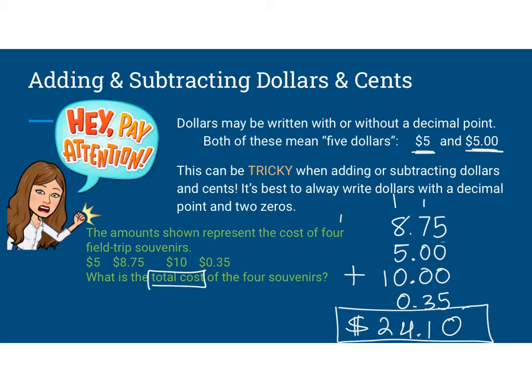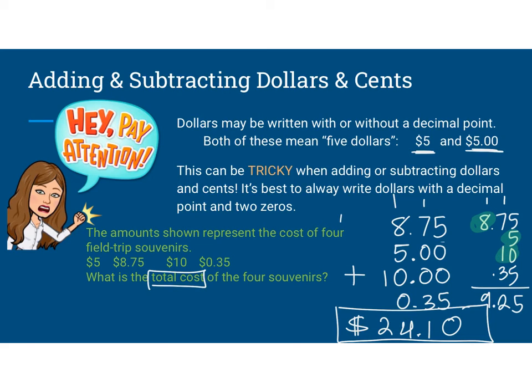If I had messed up earlier and made the mistake and added just like this, okay, if I went ahead and added all of this together, I would have $9.25. What I want you to look at is we have $8, $5, $10.